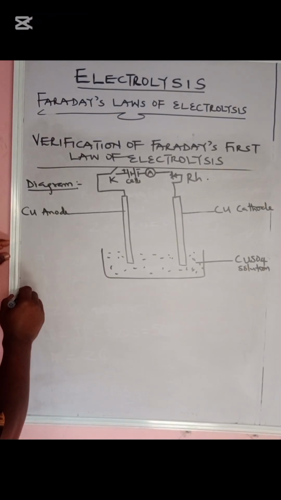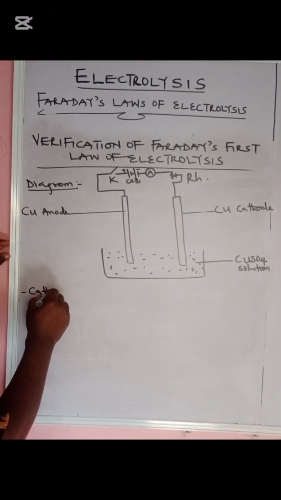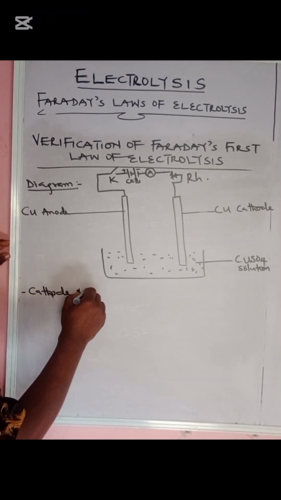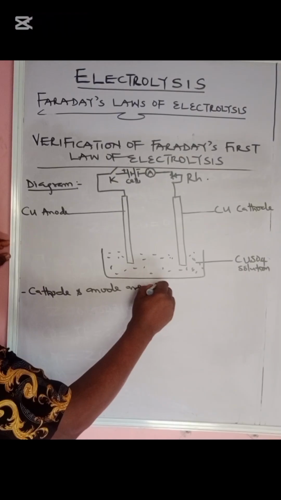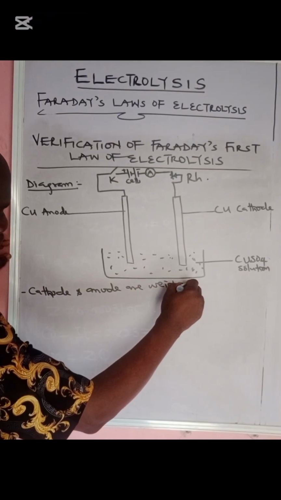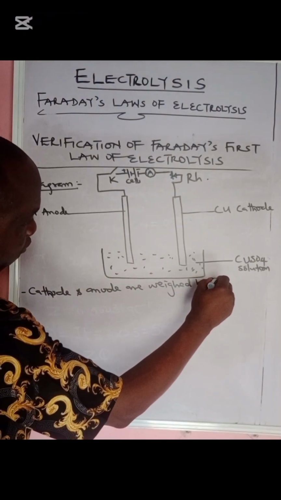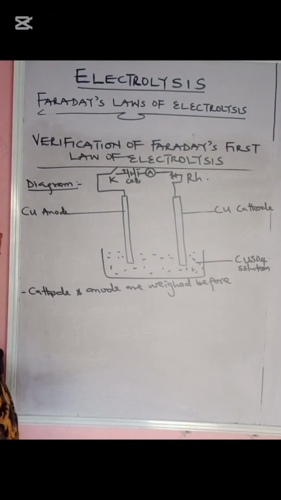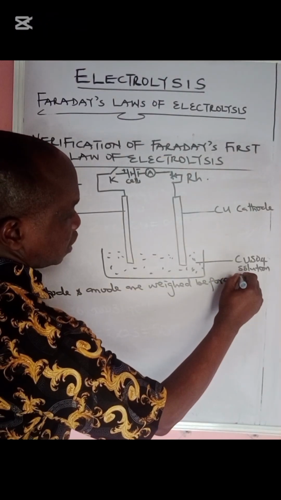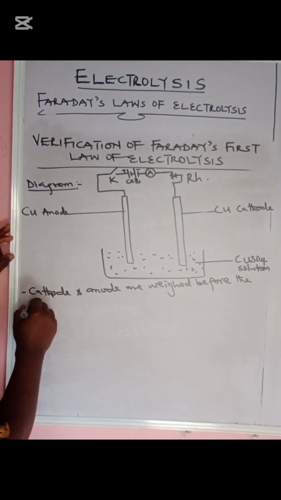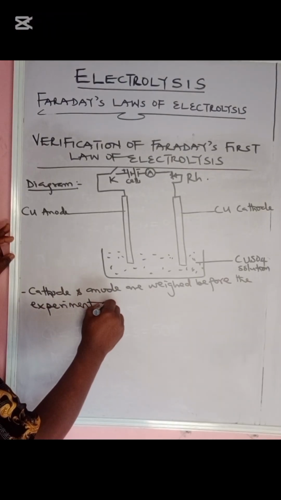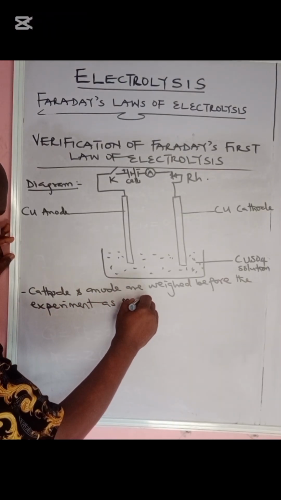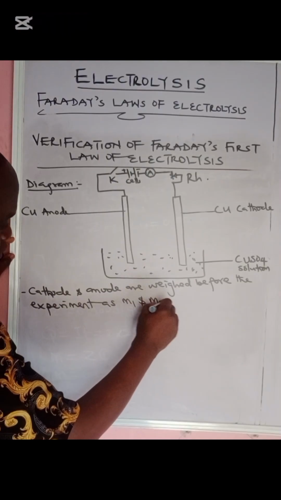So cathode and anode are weighed before the experiment as M1 and M2 respectively.